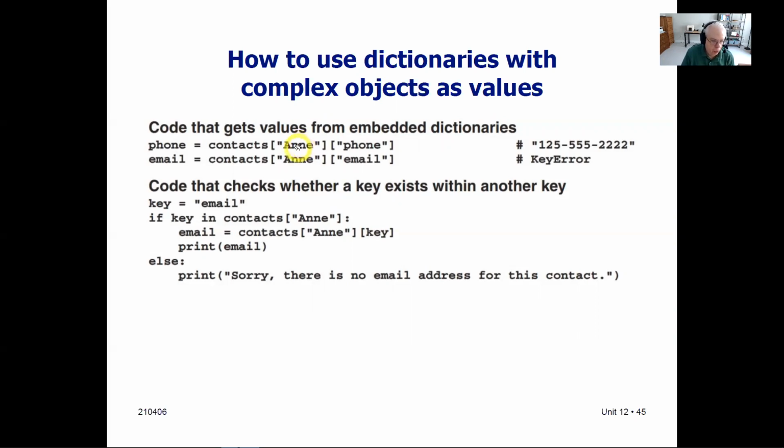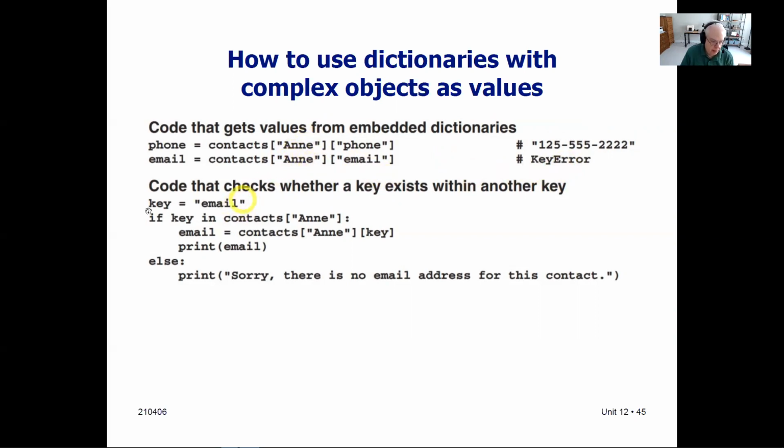So for the user or contact Ann, we want Ann's phone number, which is in her dictionary. Okay, maybe that's an easy way to say it. And there's her phone number. But if I happen to reference email, which is not one of the keys, then there's going to be a key error for Ann.